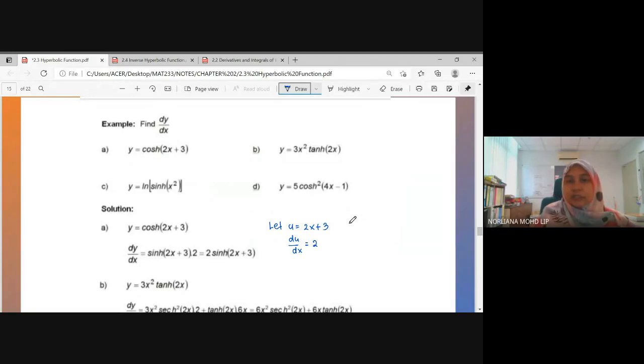Okay, then you can substitute. y equals hyperbolic cos u. So dy over du equals what? Hyperbolic sin u, times du over dx.